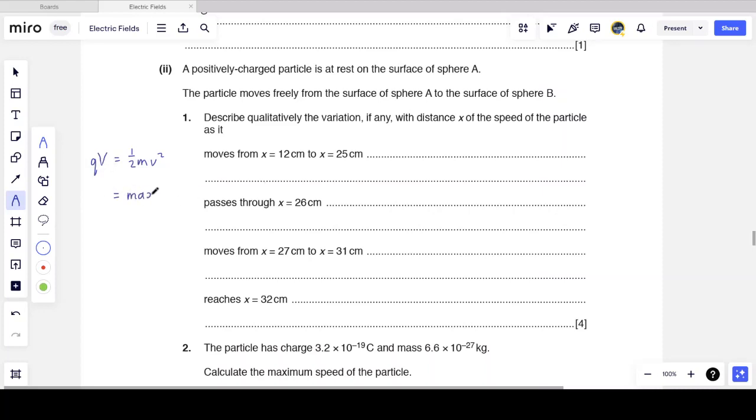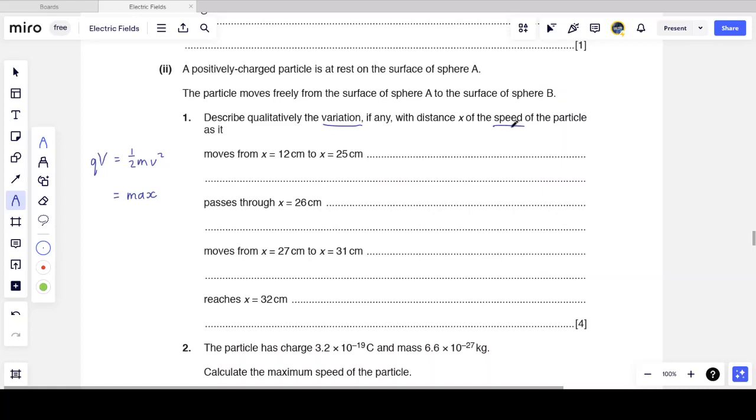Force being ma times the position of the particle x. So what I can see is that there is a relationship between the potential and the acceleration. If I have a high potential, I have a greater force on the particle and have a greater acceleration. Why am I bringing the acceleration into this? Because the acceleration tells us how speed varies. They didn't ask us for the speed, they asked us for the variation with the speed.